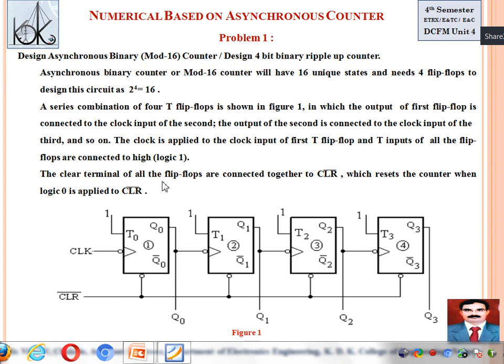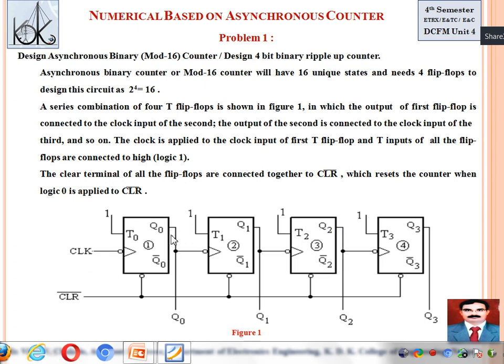The clear terminals of all the flip-flops are connected together to CLR bar. This CLR bar is an extra input to the flip-flop, just like preset and clear. Preset and clear are both active low, right? Whenever CLR bar equals 0, all the flip-flops are reset, meaning the outputs of all the flip-flops become 0. So at that time Q3 equals 0, Q2 equals 0, Q1 equals 0, and Q0 equals 0.